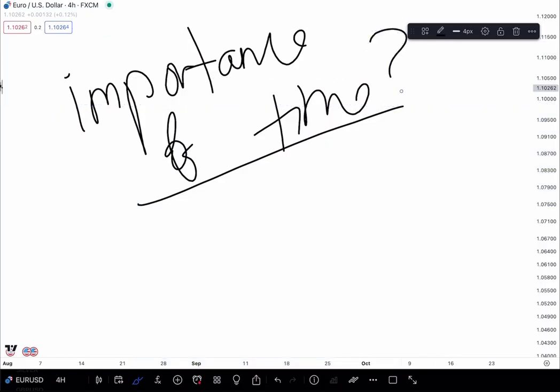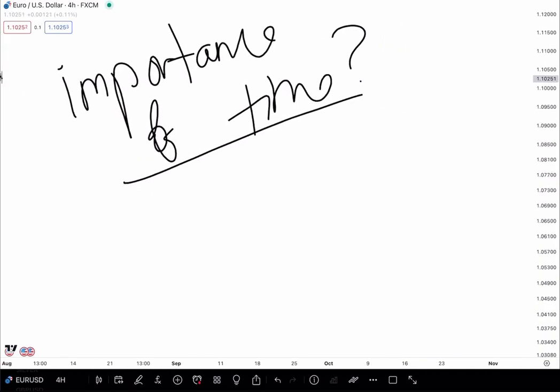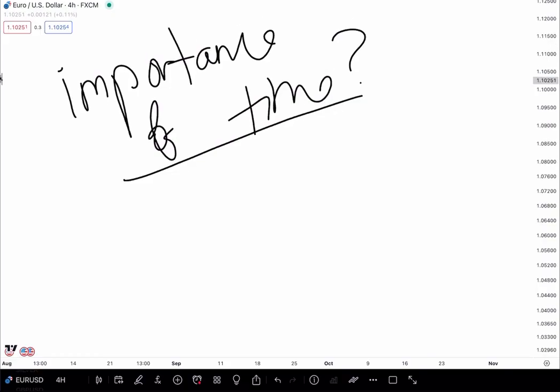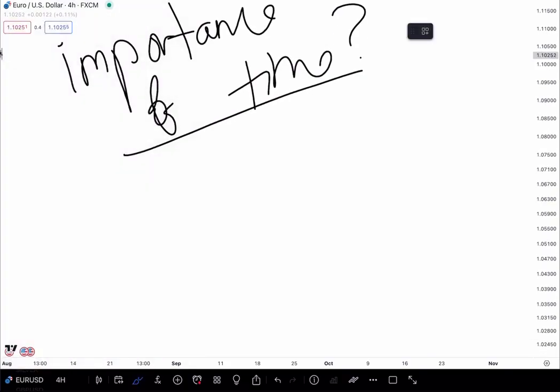Why is time important? To demonstrate the importance of time, I like to use the good old example, right? A classic, age-old example.